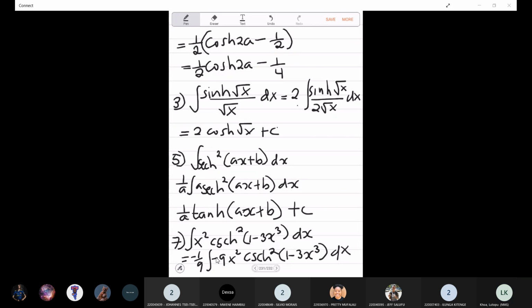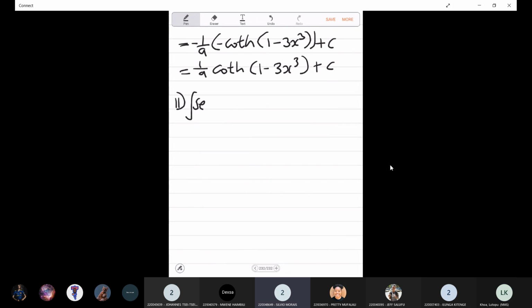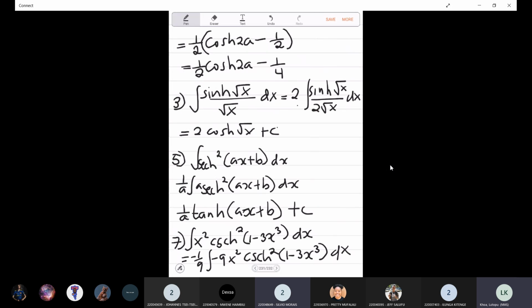Isn't the derivative of normal cosec like minus cot? The derivative of cosec squared, isn't it minus cot? You mean hyperbolic cosec squared, isn't it minus cot? Yes, it is.